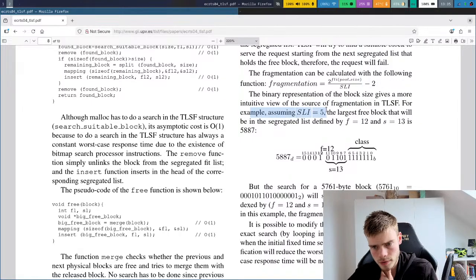Assuming SLI is 5, the largest free block that will be in the segregated list, defined by F equal to 12 and S equal to 13, is 5,887. Here they explain it.